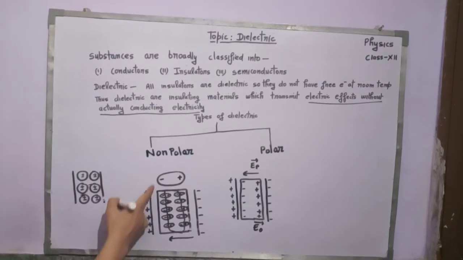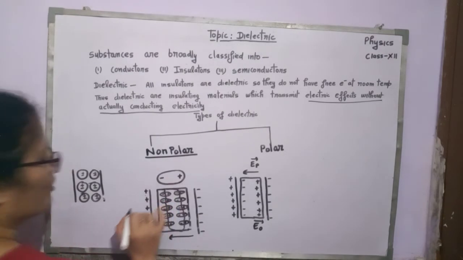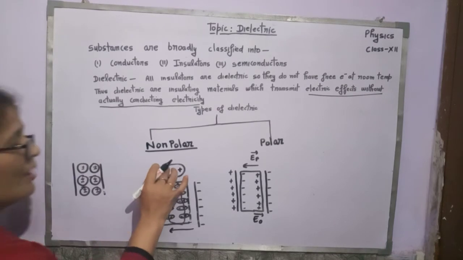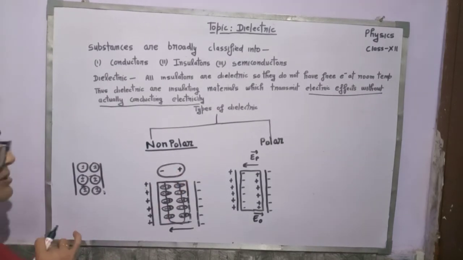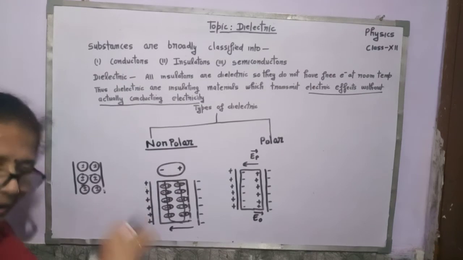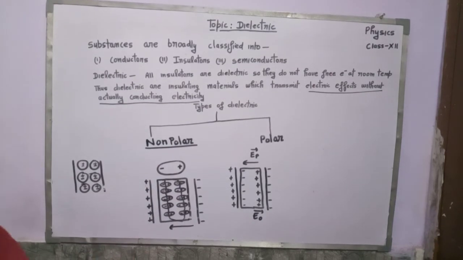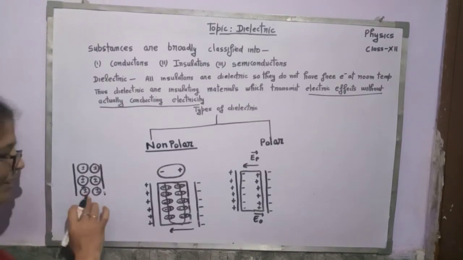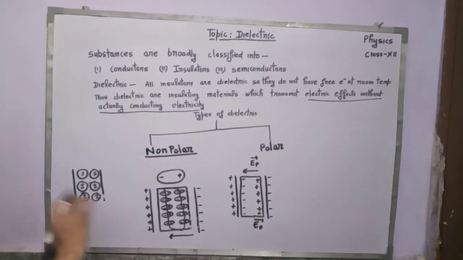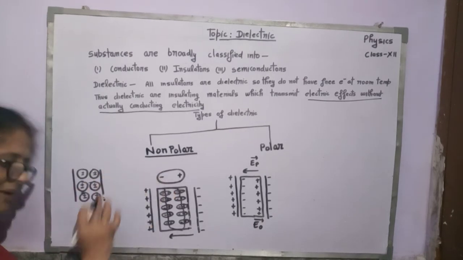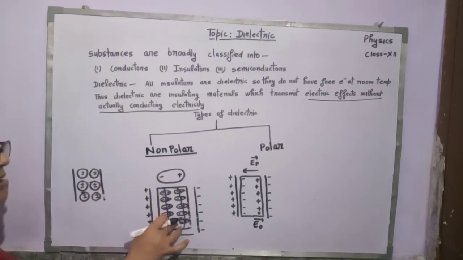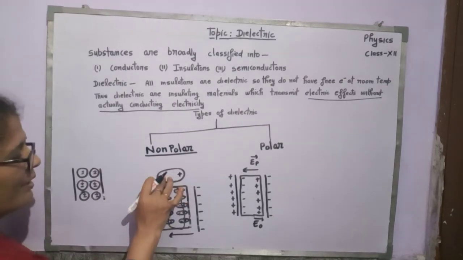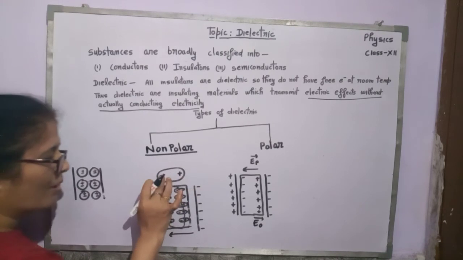Now you can say that when a non-polar molecule is placed in an external electric field, it becomes a polar molecule because the centers of the positive and negative charges are pulled by the external electric field. Initially, when no external electric field is applied, no electric dipole moment is present here. But when the external electric field is applied, they acquire an induced electric dipole moment.